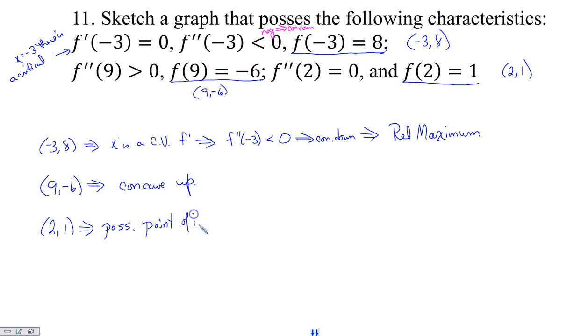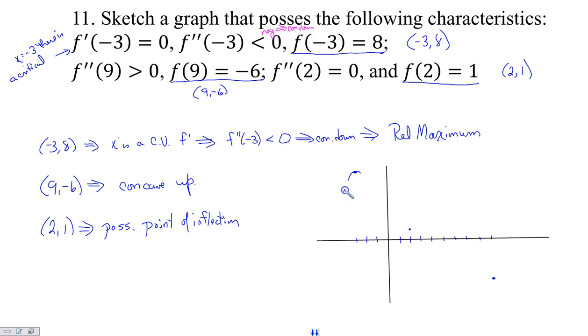So let's see if we can make a graph that incorporates all of this information. So let's sketch this graph. We're going to graph those 3 points. We're going to start with -3, 8, approximately here. We know that it's a maximum, so it's going to go up and come down. We know at 2, 1, we have a possible point of inflection, and we know out here, 3, 4, 5, 6, 7, 8, 9, -6, the function is concave up.